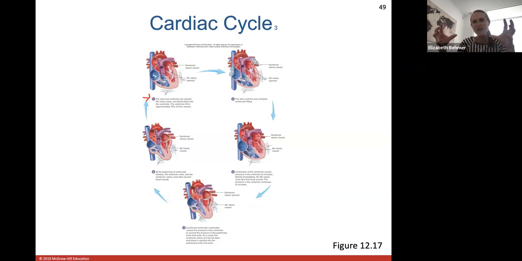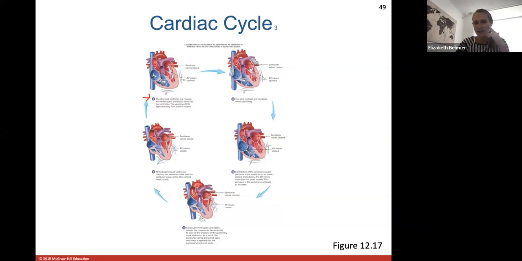So this is a final forced contraction of your ventricles, which is now forcing ejection of blood out of the heart. Remember that blood flow through the pulmonary trunk goes from the right ventricle to your lungs to pick up oxygen, and blood flow from the left ventricle through the aorta is taking that oxygenated blood to all parts of the body.